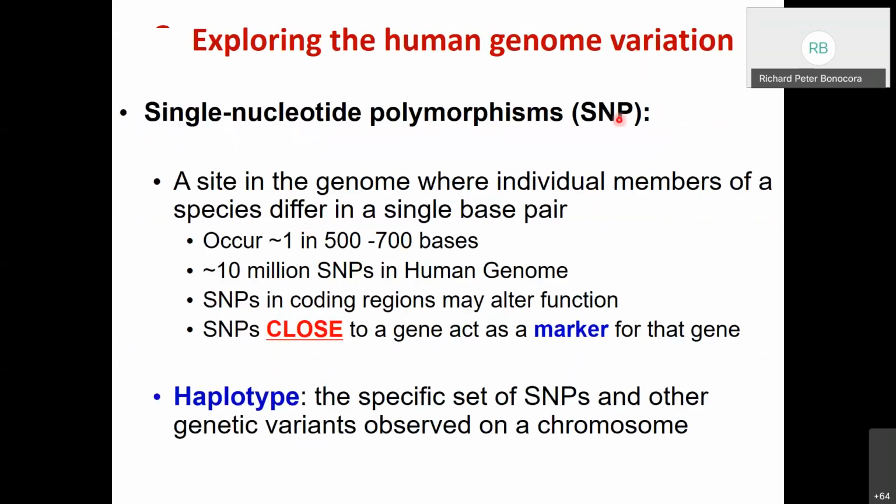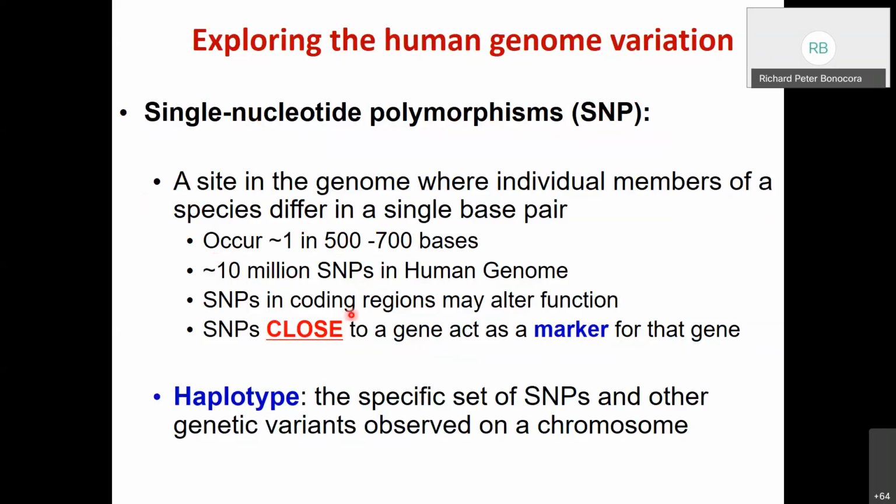So let's talk about single nucleotide polymorphisms. These are called SNPs for short. It's a site in the genome where an individual member of a species differs by a single base pair. They occur about 1 in every 500 to 700 base pairs in the human genome. There are about 10 million SNPs in the human genome.